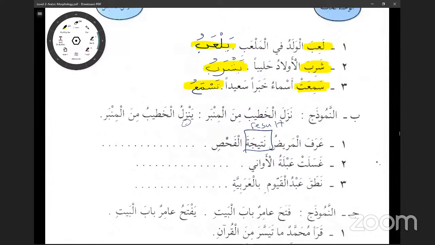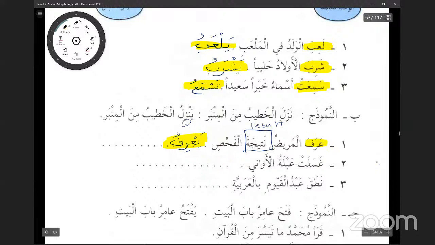So the patient knew the result of the exam. Barakallahu fik. So now put it in mudari. يعرف المريض نتيجة الفحص. So it is from Daraba Yadribu, same bab as Nazala Yanzilu.